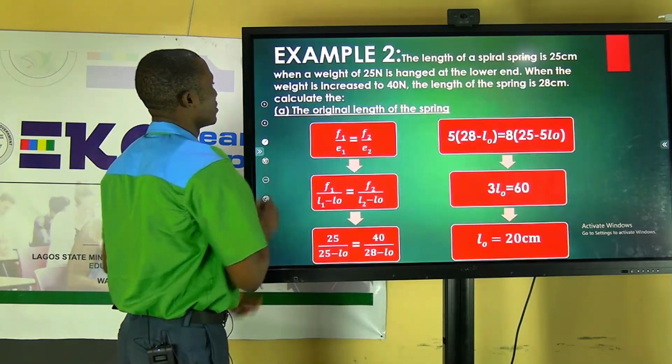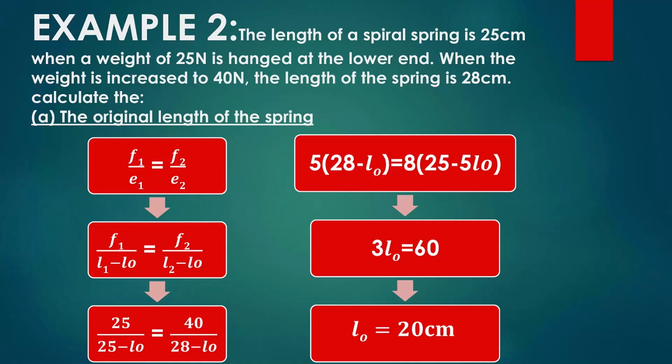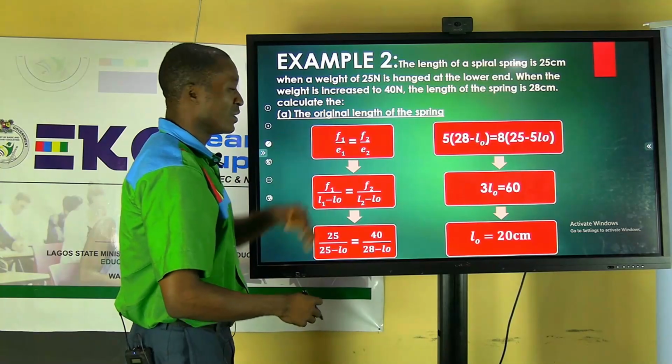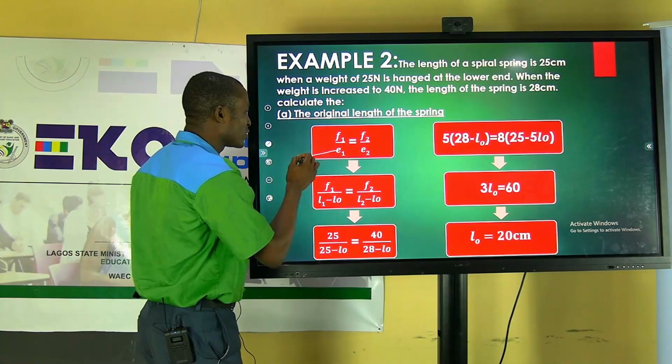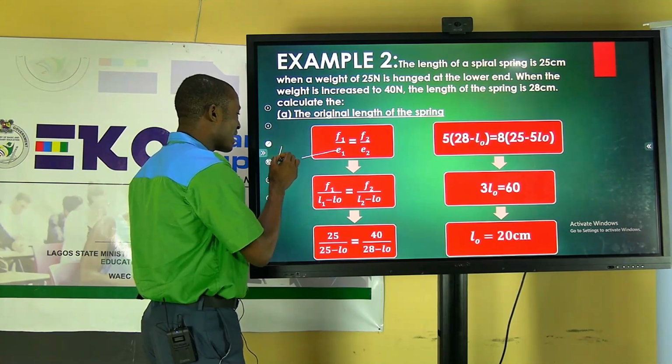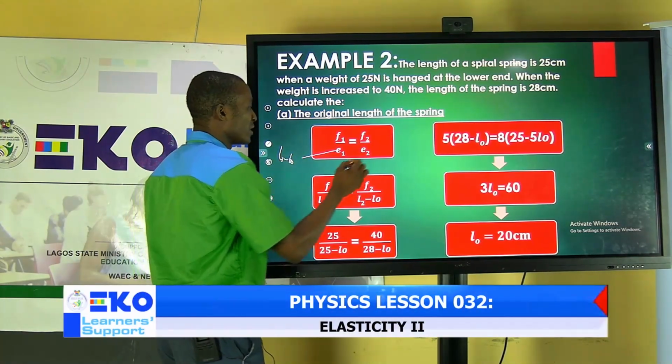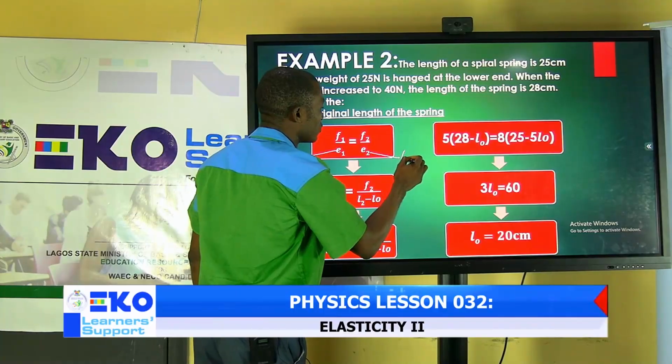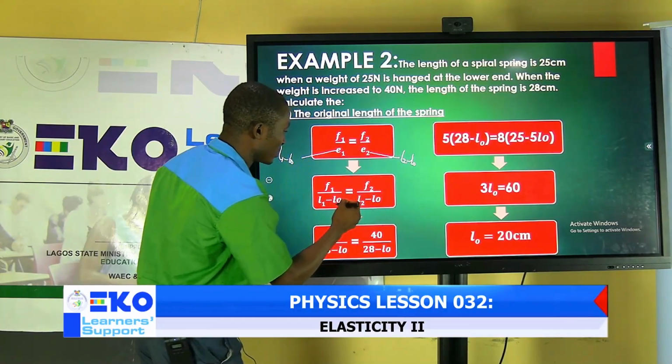Now let's solve together. F1 over E1 equals F2 over E2. We are looking for the original length. The first extension is L1 minus L0, and the second extension is L2 minus L0. Look at this relationship.